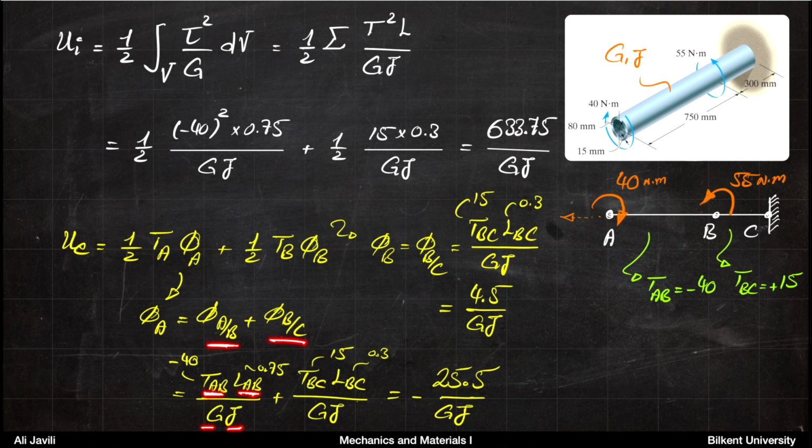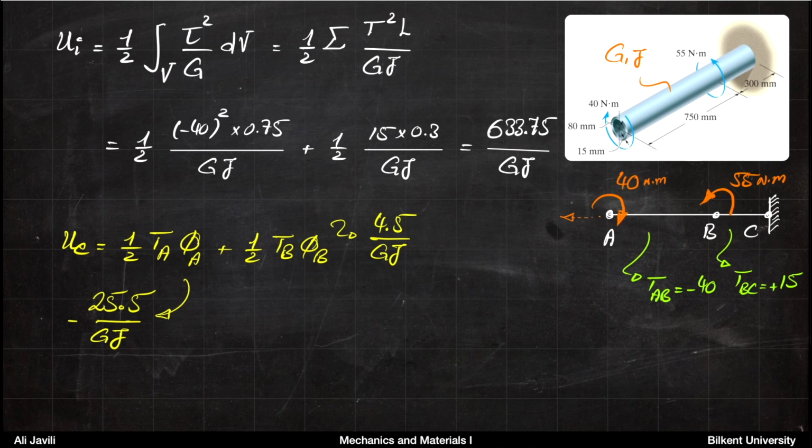From B to C, T_BC torque, again, length of BC divided by GJ. And if you add them up, you get minus 25.5 divided by GJ. And then again, for BC here, you would have 4.5 divided by GJ.